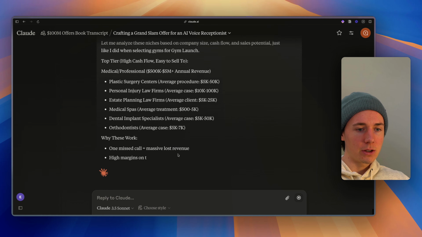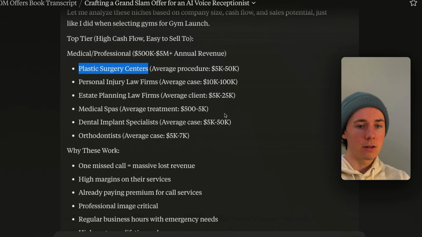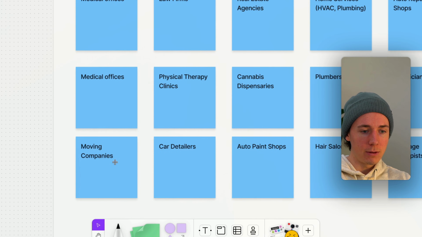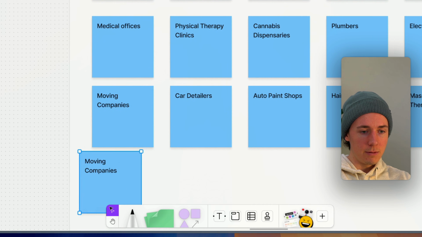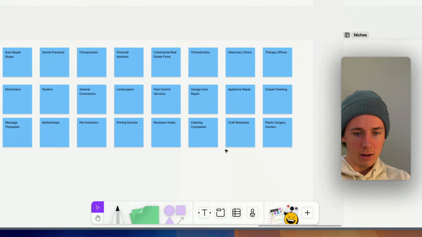So medical professionals, plastic surgery centers. Ooh, that's actually really interesting. They would be able to drop 20 grand on a project like this, no problem. And so let's actually categorize this a little bit.